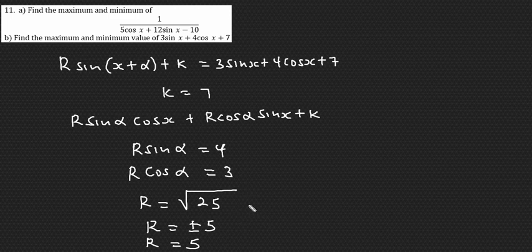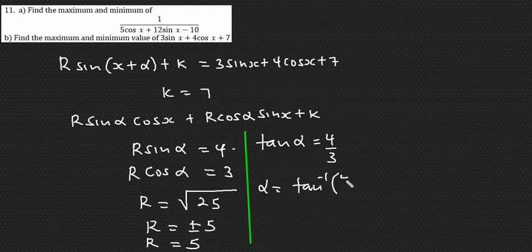Now what about the alpha? Now alpha, we shall divide the two. If this is my equation 1 and this is equation 2, I divide, the R cancels, and I remain with tan alpha. So tan alpha is going to be 4 by 3. So alpha will be equal to the tan inverse of 4 by 3.